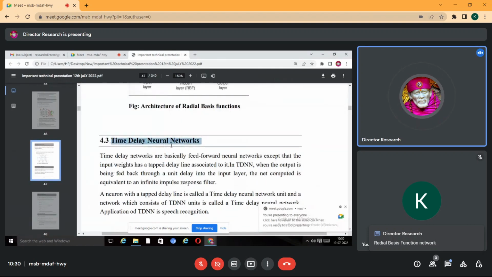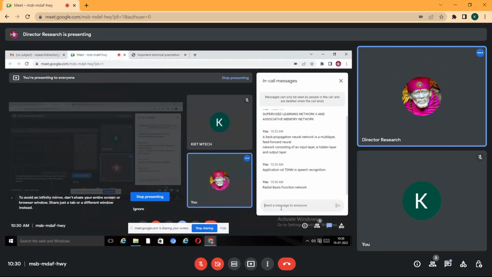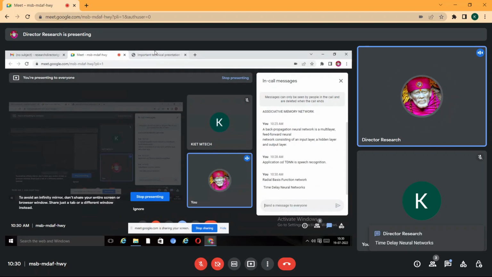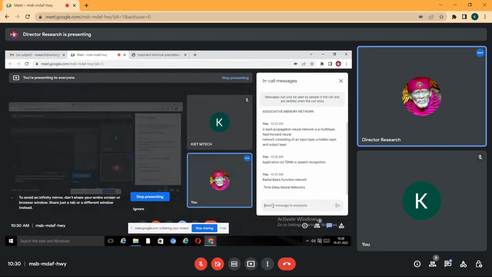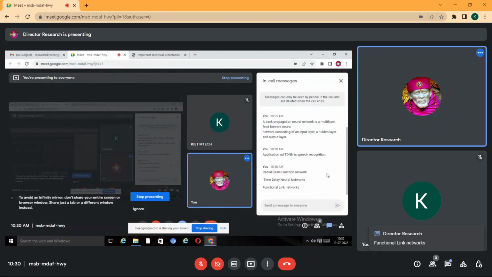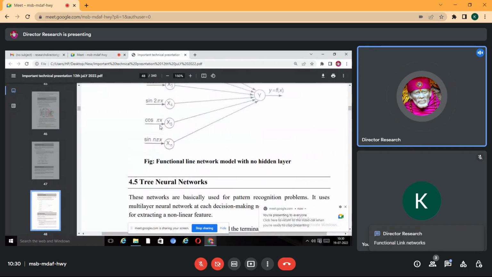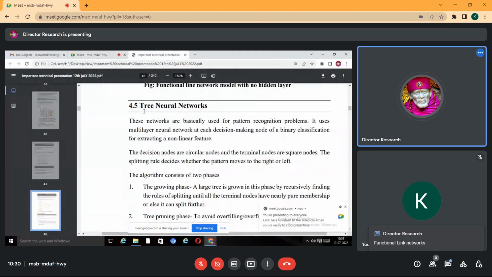Time delay neural networks. Functional link networks.